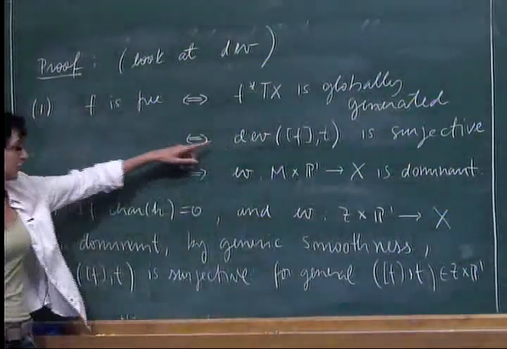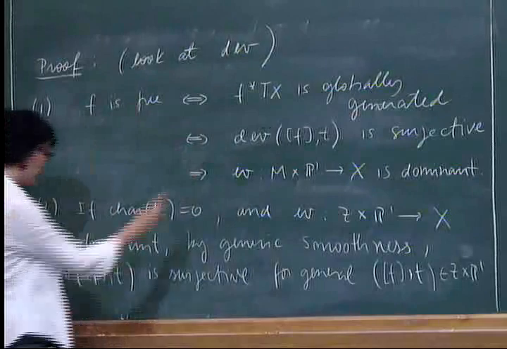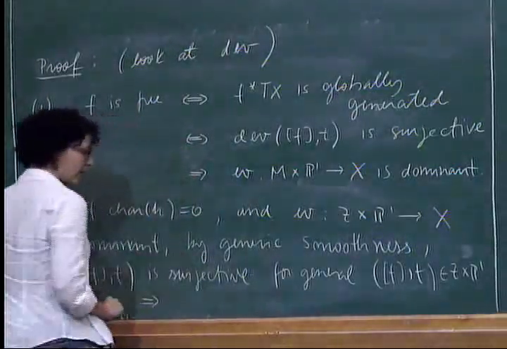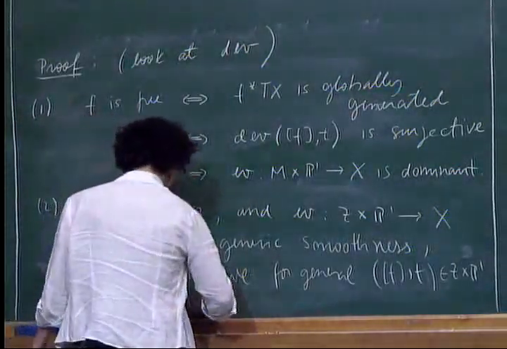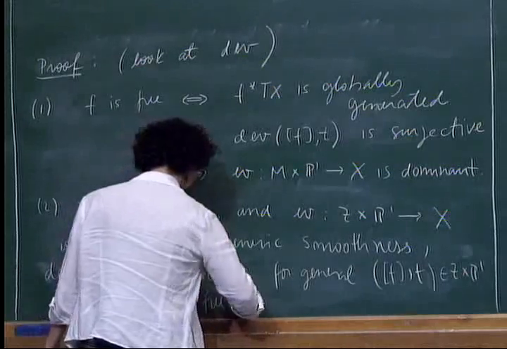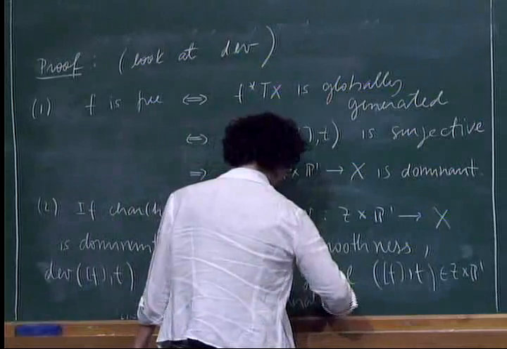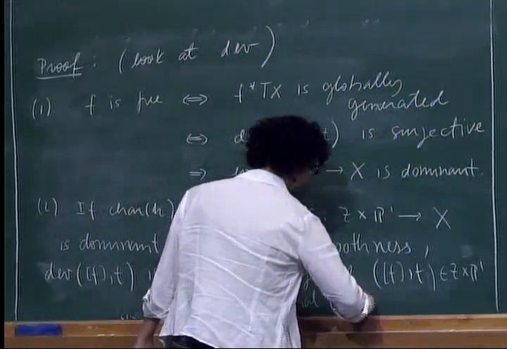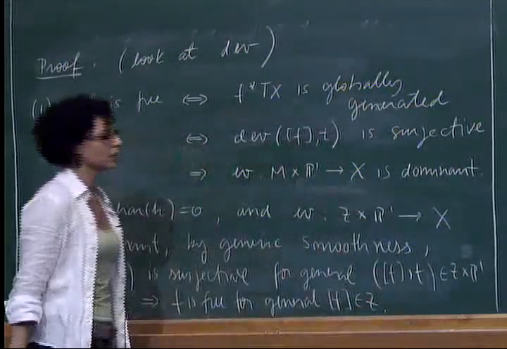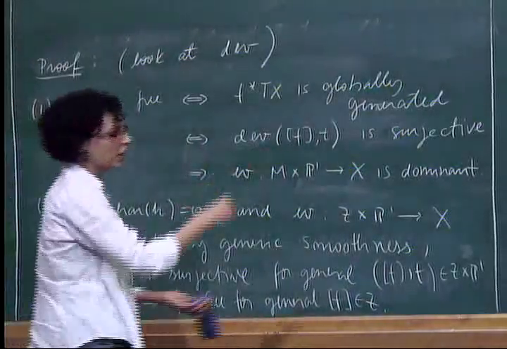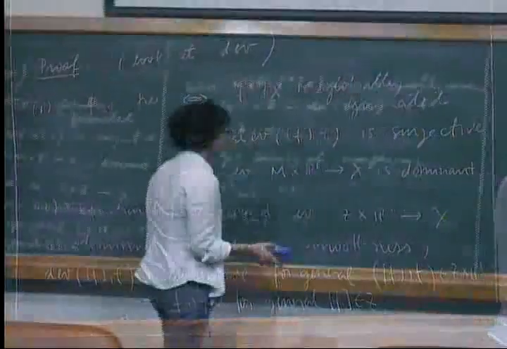But then you just have to go back here to conclude that f is free for general f in Z, just again by looking at the description of the evaluation map.